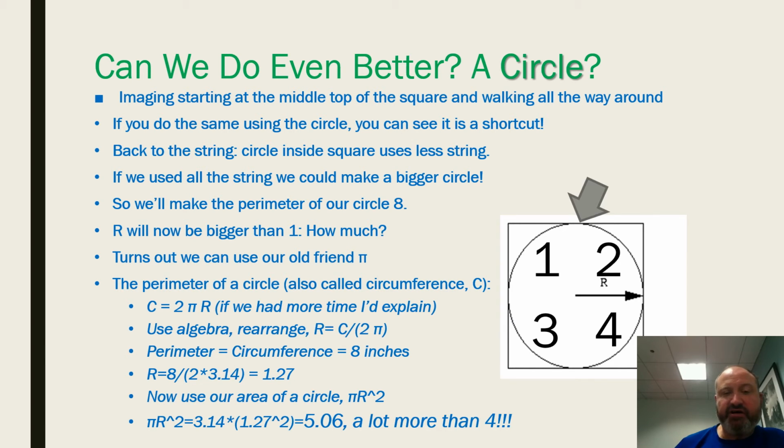We figured out r, and just by applying that formula, we get a circle that has area 5.06. Now compare that to the square. The square was only 4. So a circle's a lot better than a square, right? And that's the best way to use your material. That's the best way to use your string. So if you're trying to maximize area, use a circle, now that we know how to get pi. Thanks very much.